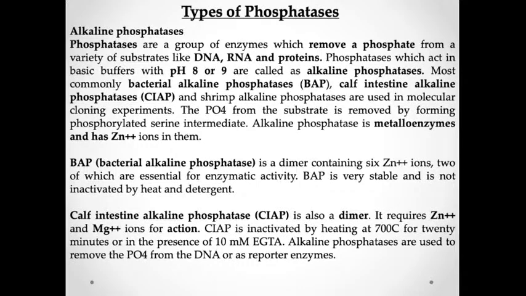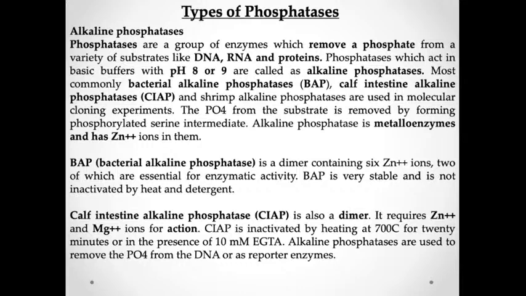So there are some types of phosphatases we will discuss now. After the kinases, phosphatases are, if you say, the yin and yang of enzyme reactivity. If the kinases are adding the phosphate group, then on the other side, the phosphatases' work is to remove a phosphate group from substrates like DNA, RNA, and proteins.